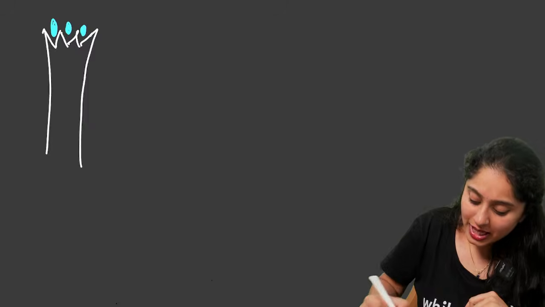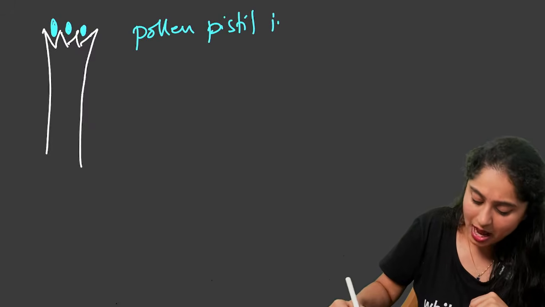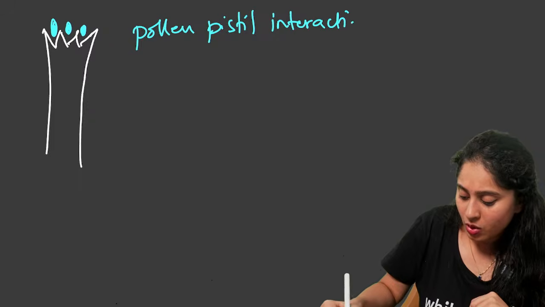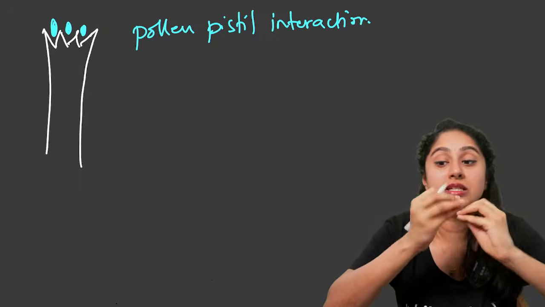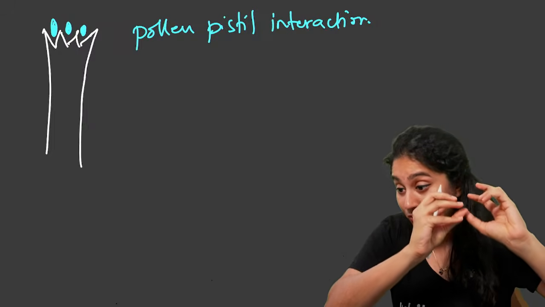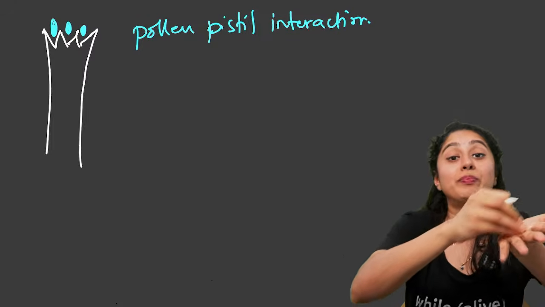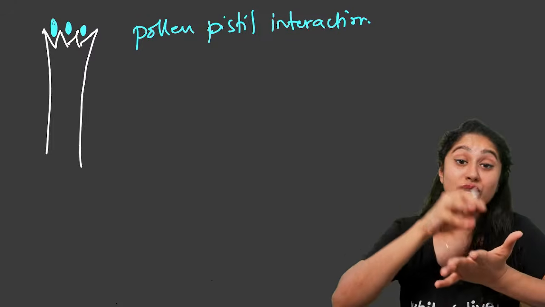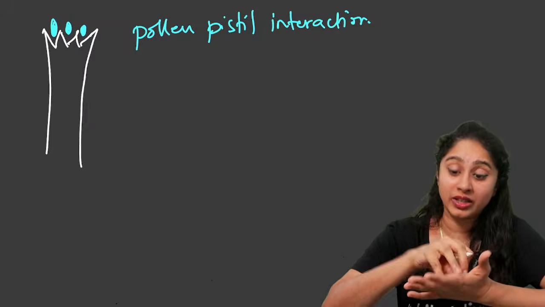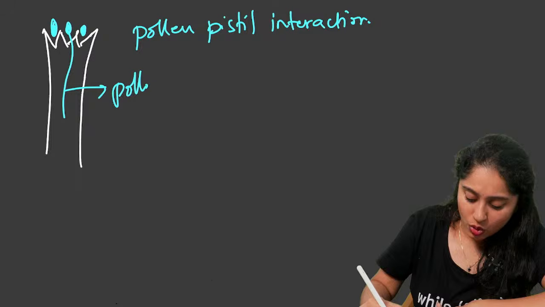Now, there is a pollen-pistil interaction that happens here. Because of the pollen-pistil interaction, if the pollen grain is compatible with this flower, and if the flower is accepting this pollen grain, only then will the pollen tube grow.